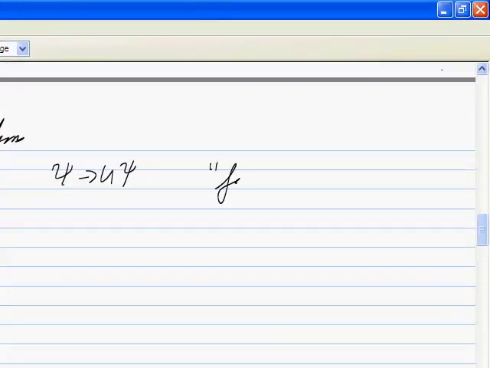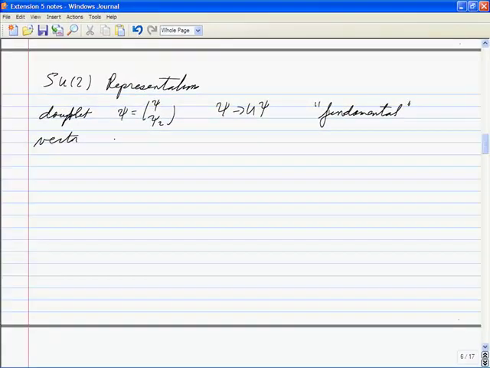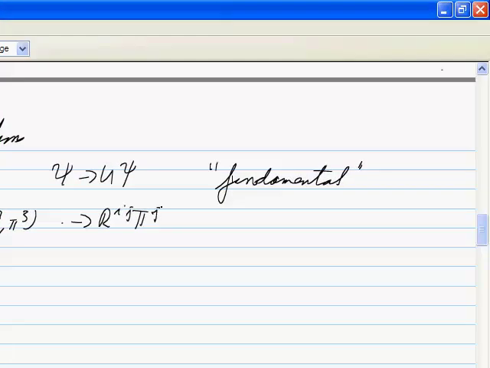That's the fundamental representation. The vector, anything that transforms like, let's call it pi_i, which will be pi_1, pi_2, pi_3, goes to R_ij pi_j, that's the adjoint.